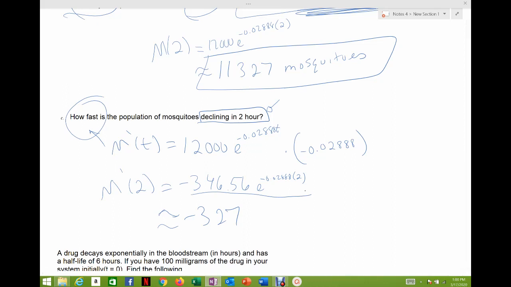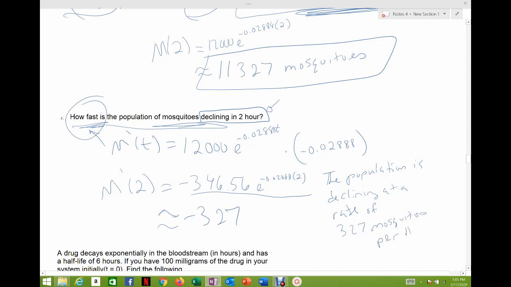Answer the question, provide units. They're asking how fast the population is declining. So the population is declining at a rate of 327 mosquitoes per hour.